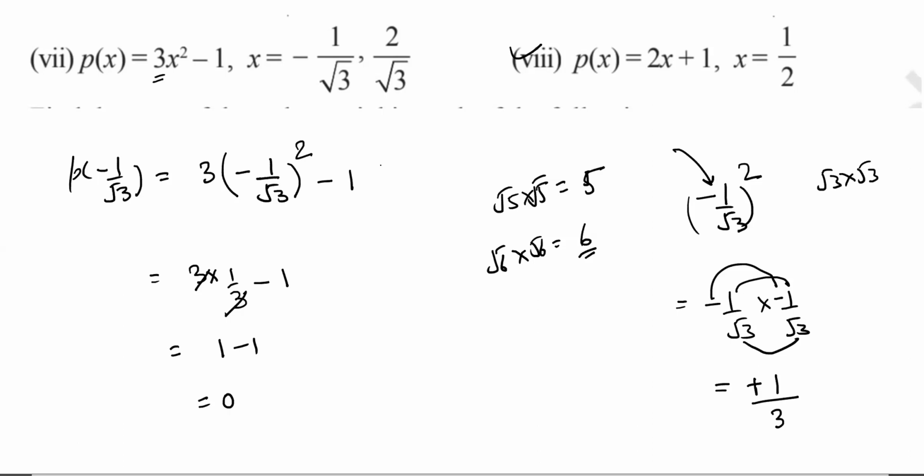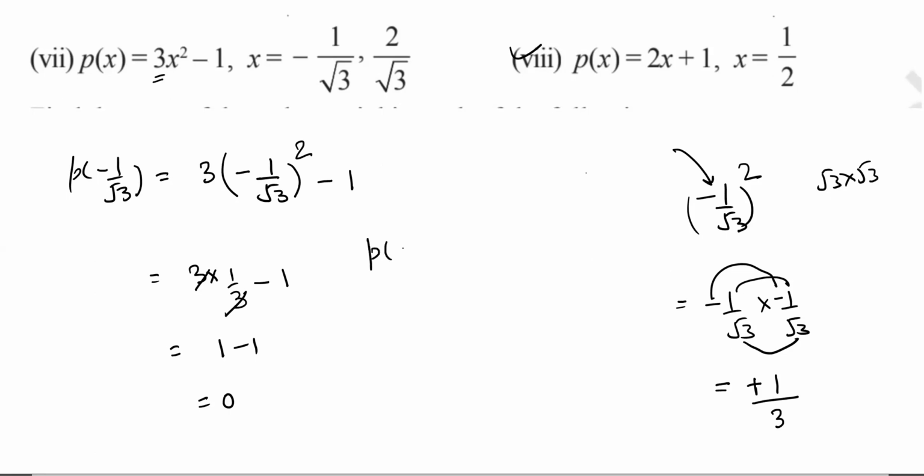Sir, I got the answer. Okay, what's the answer? 2 by root 3 is not a zero because the final answer is 3, that's why it is not 0.